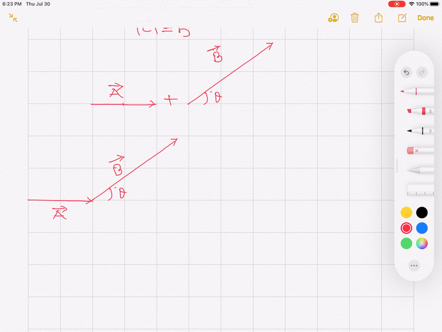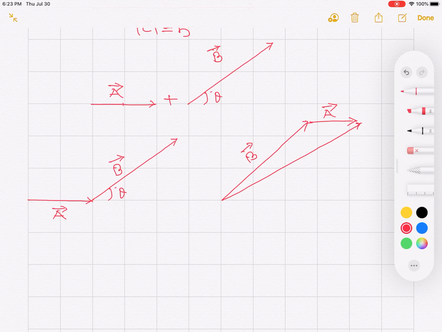So you put the tail of one vector at the tip of the other. Or you can put A on top of B like this.